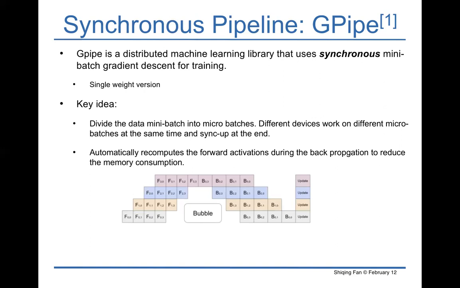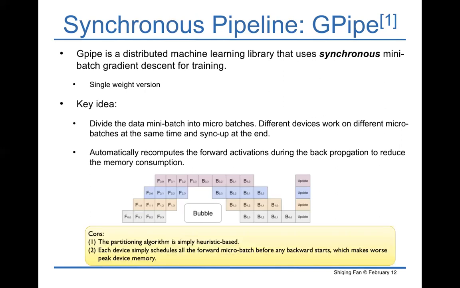Gradients are consistently accumulated across micro-batches so that the number of partitions does not affect the model quality. However, the partition algorithm of GPipe is simply heuristic-based, and each device schedules all the forward micro-batches before any backward starts, which makes peak device memory worse.